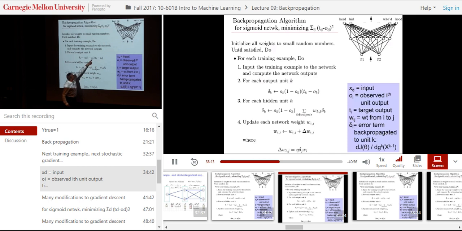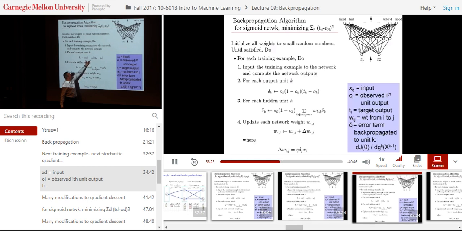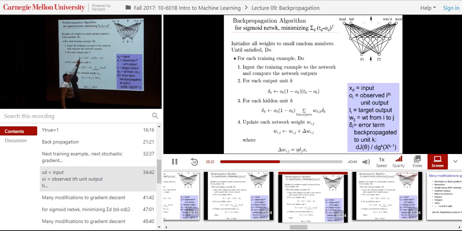And then what do you think this term is? Does that look familiar? That's the output of the network. That's the derivative of the sigmoid function, right? We were just talking about that. So we calculate this quantity. It turns out that that quantity is the derivative of our cost function with respect to the kth g applied to its input.